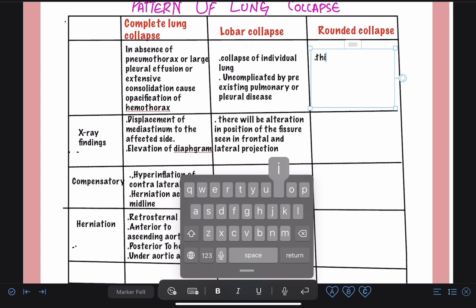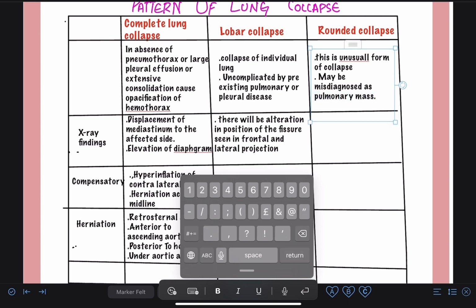Rounded atelectasis is an unusual form of pulmonary collapse. It may be misdiagnosed as a pulmonary mass. It is always pleural based.